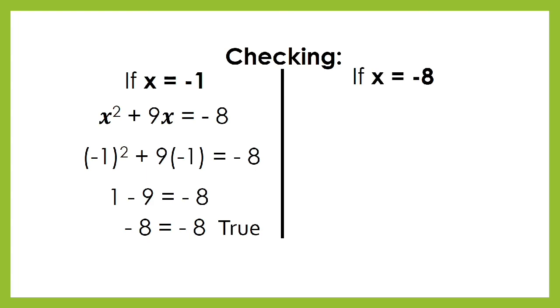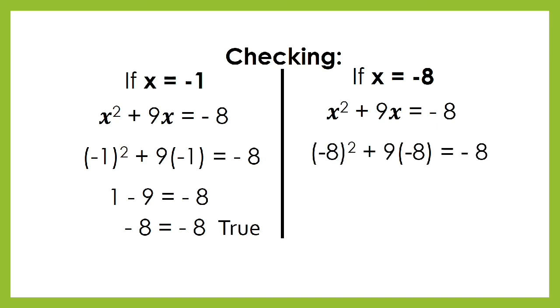Next factor is negative 8. Substitute to the original equation. We now have x is negative 8. So, we have negative 8 squared plus 9 times x. X is negative 8 equals negative 8. Simplify.